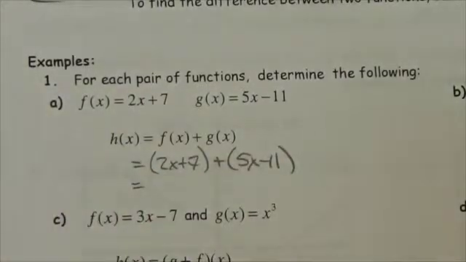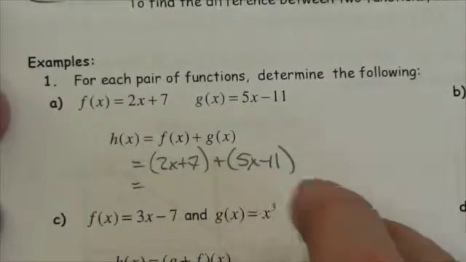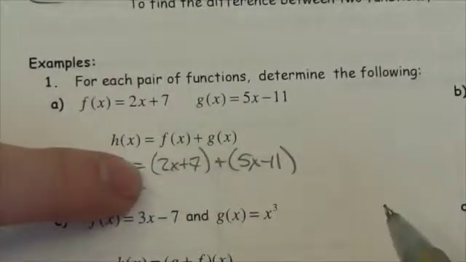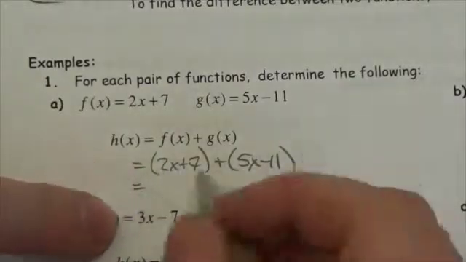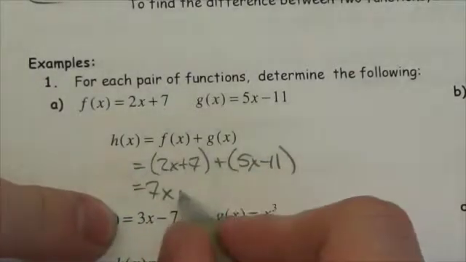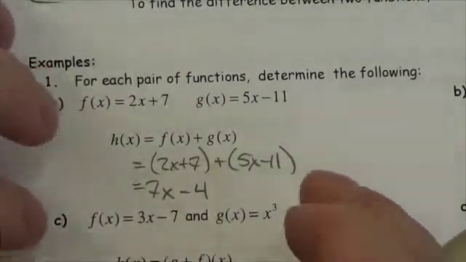Now when it comes to addition, I really didn't need those, but because I do need them for subtraction, I want to use them right here. Now when I drop the parentheses, I'm going to get 2x plus 5x, or 7x. Then I'm going to get 7 minus 11, or negative 4. And so that right there represents the sum of those two functions.